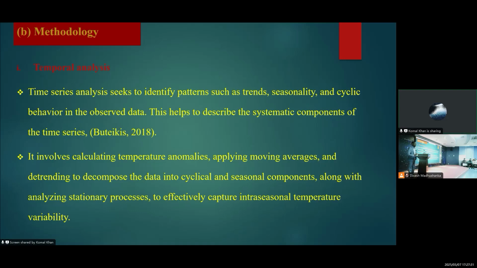About why OND, it's because of the variability of this season. We have two seasons, MAM and OND, and OND in Tanzania is more variable than MAM. The more variable season has more implications for farmers than the one with less variability.